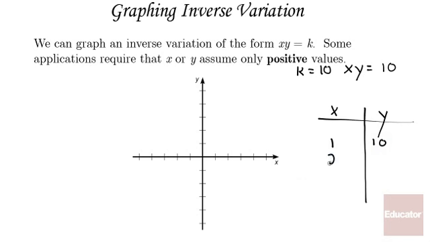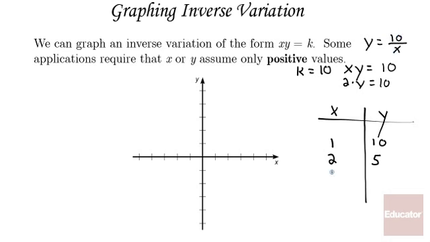If x is 2, so then I have 2 times y equals 10. Simply dividing both sides by 2, I'm going to end up with 5. So in order to find y, I'm just going to find 10 divided by x.